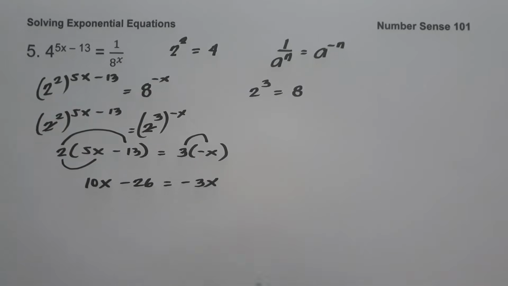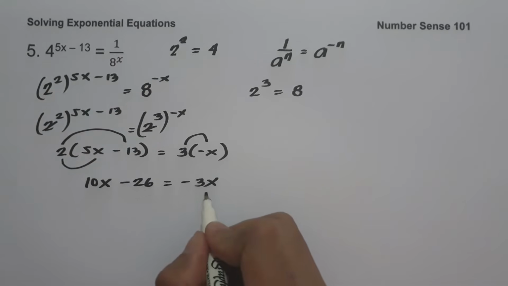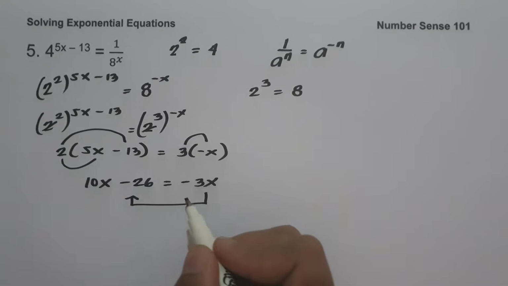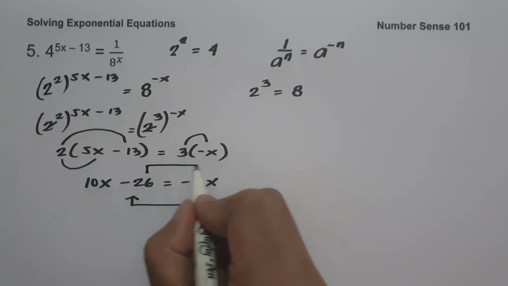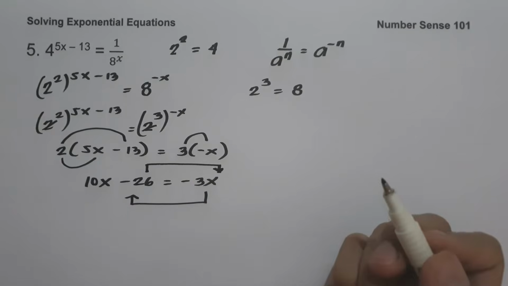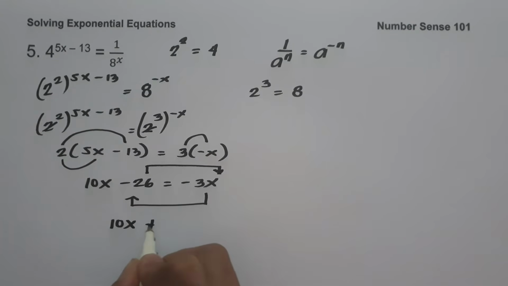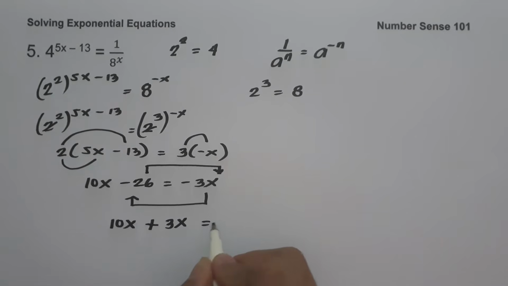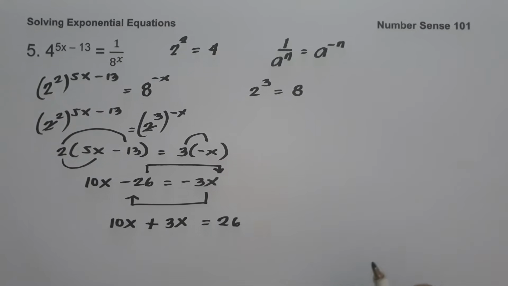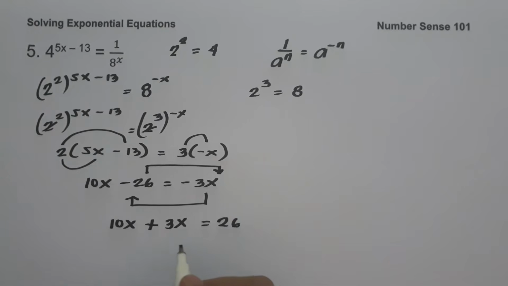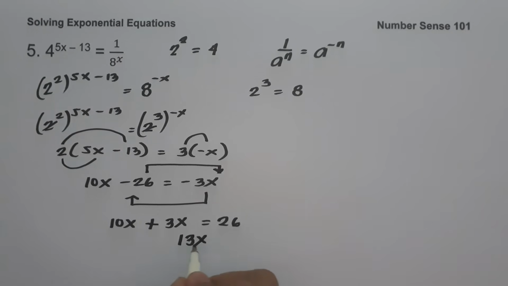So to simplify, let us move negative 3x to the other side of the equation, and let us move negative 26 to the side of negative 3x. It will give us 10x plus 3x equals 26. 10x plus 3x, that is 13x, equals 26.